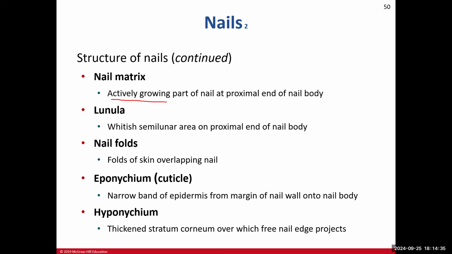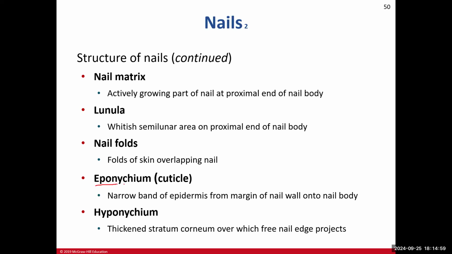And for those of you that have gone in and had a manicure or pedicure, when they've mentioned things about your cuticles, they're referring here to the lunula, or not, I'm sorry, they're referring to the eponychium. Oh my gosh, what happened there?